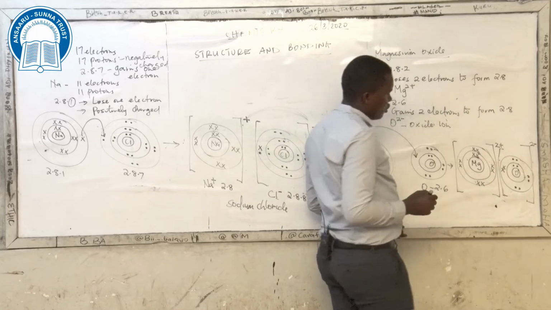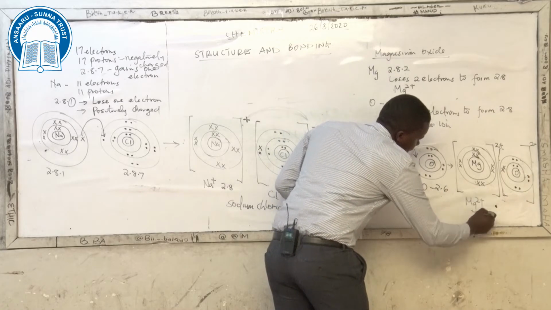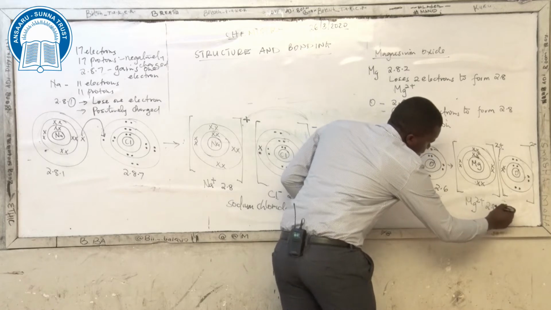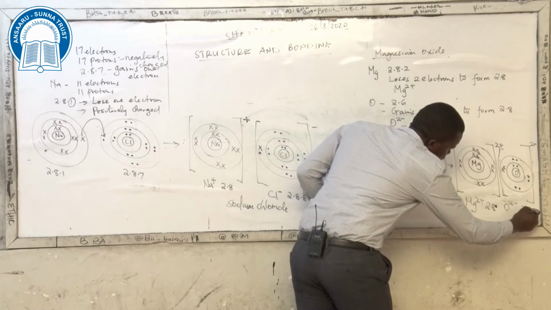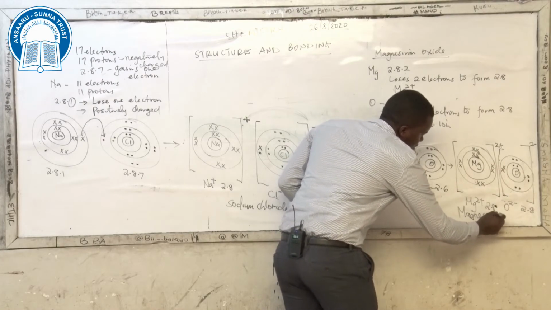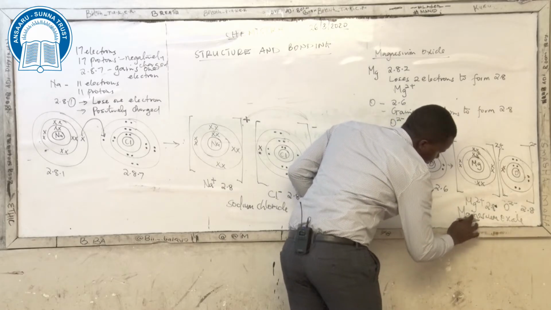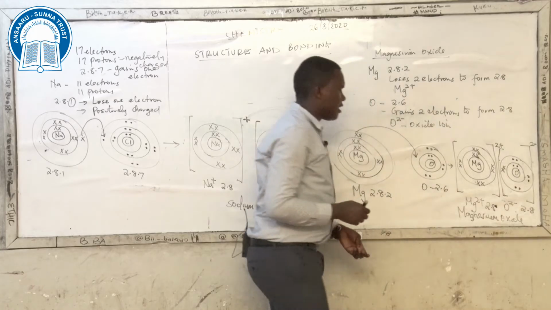So this one is Mg2+, which is 2,8. Or O2- is also 2,8. This one is the magnesium oxide. That's the magnesium oxide.